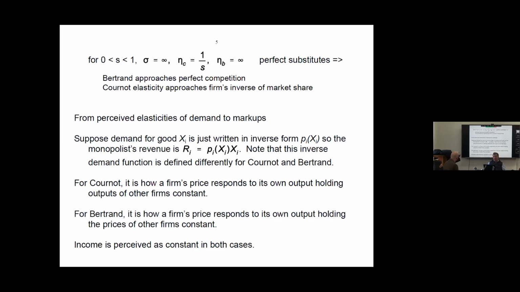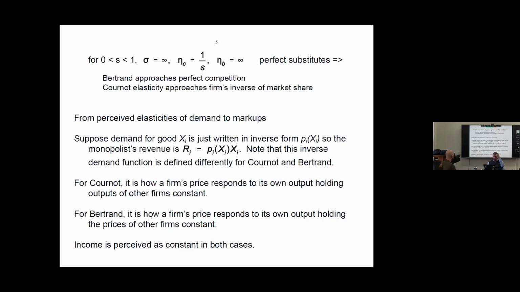All right. So from perceived elasticities of demand to markups, suppose the demand for good X is written in inverse form. P is a function of X. So the revenue, it doesn't have to be a monopolist, sorry, is P of X times X. Note that this function P of X is defined differently for Cournot and Bertrand. For Cournot, it's how a firm's price responds to its own output, holding other firms' outputs constant.